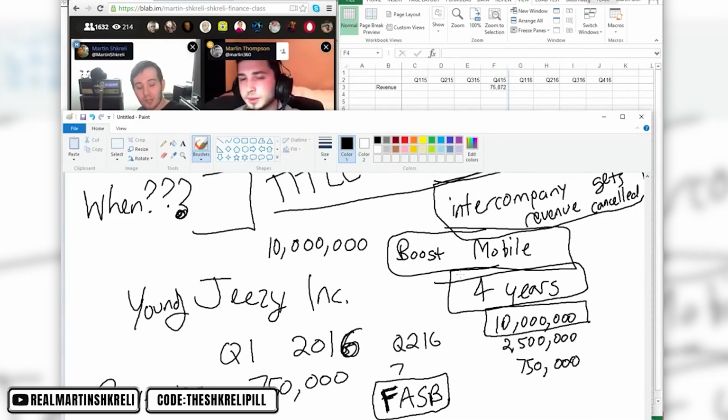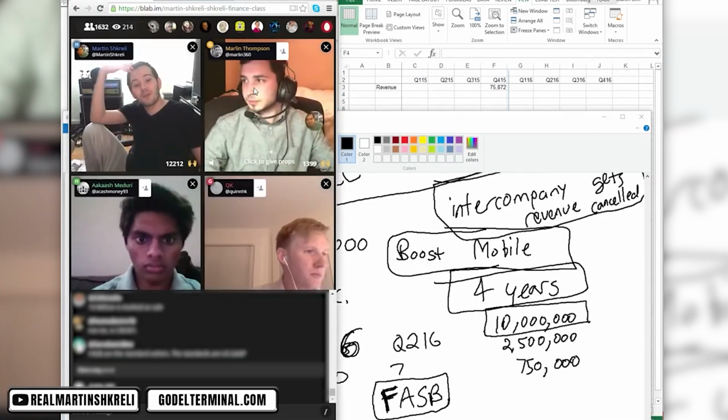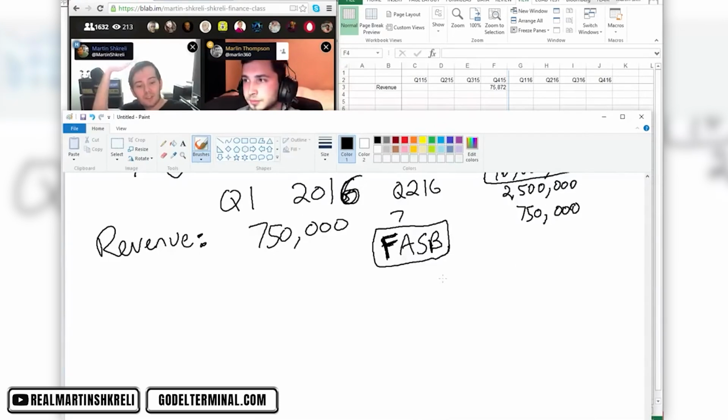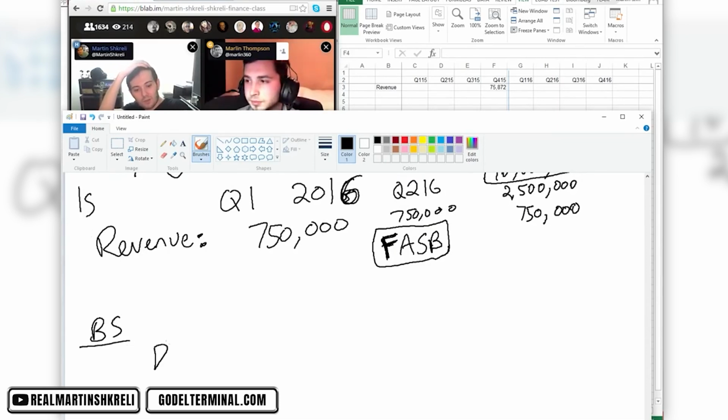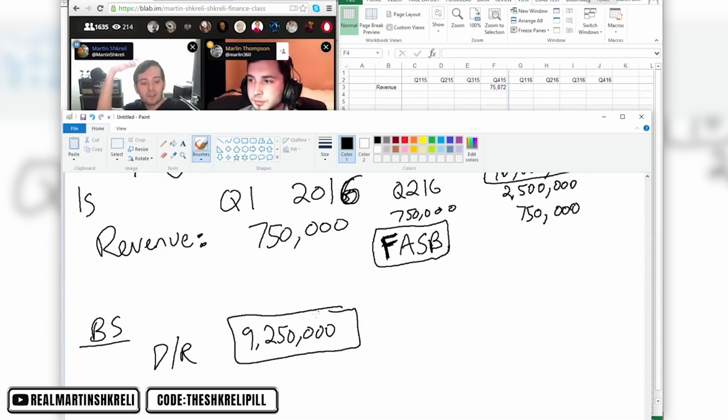Your balance sheet will have the 10 million on it right away, but then that's when you have deferred revenue. So what you'd end up having is revenue of $750,000 every quarter on the income statement. On the balance sheet, you would have deferred revenue of $9,250,000, because you've collected the 10 million, your cash will be 10 million, but you haven't performed $9.25 million of services.